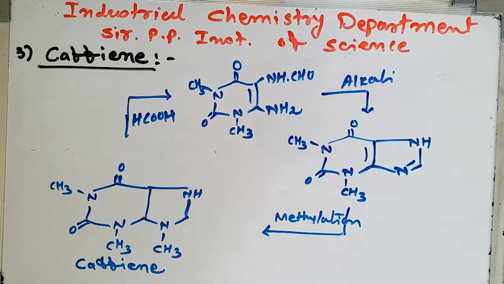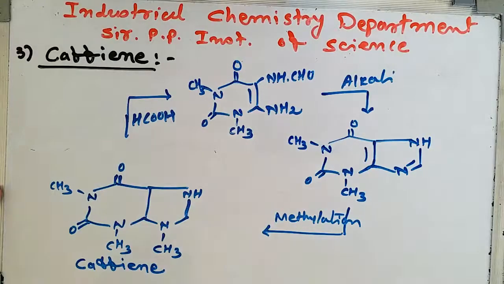Now we see the extraction process for caffeine from tea dust or damaged tea. Most often tea waste contains 3 to 4% of caffeine.